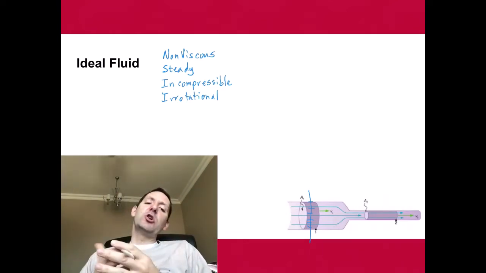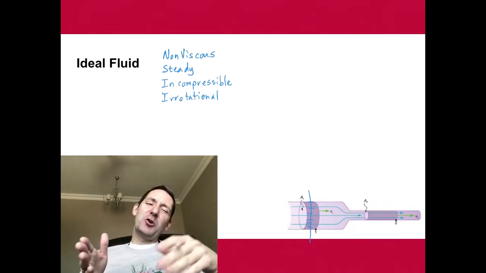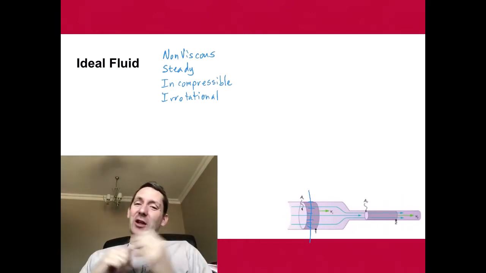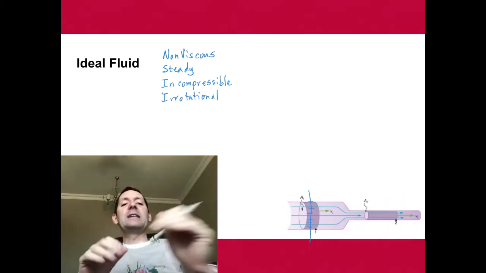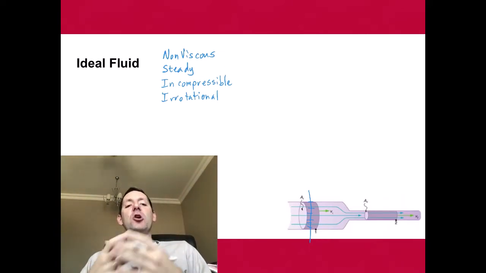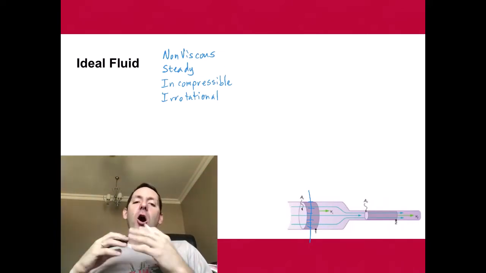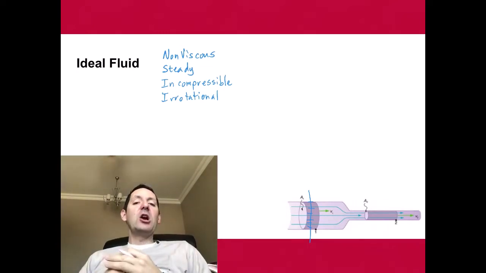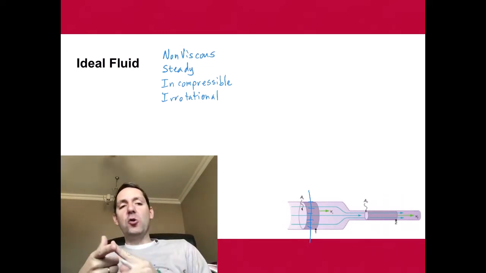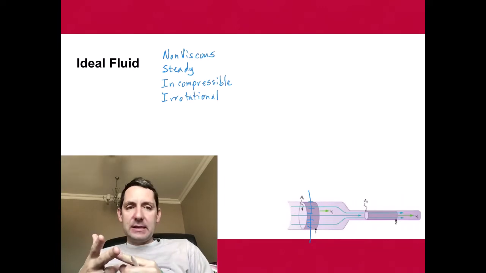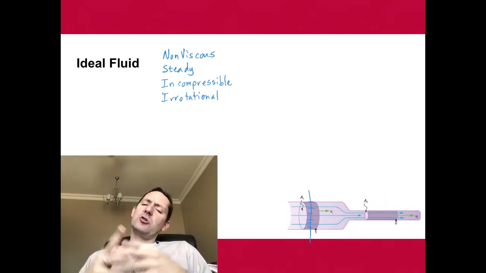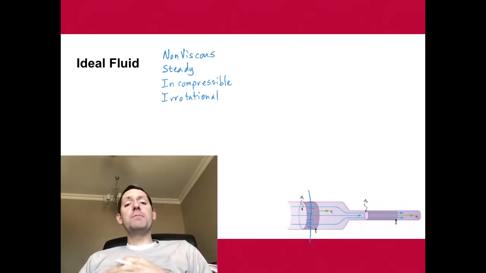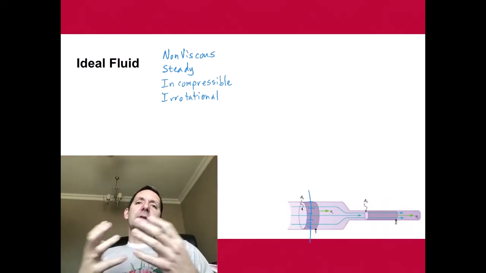So irrotational, meaning that none of the energy is going to rotational energy. Remember how much you loved that at the end of last year. So yes, we are simplifying, saying that there is no rotational energy here. All of the energy is going to remain constant because no inside friction, steady state, incompressible, irrotational. So this is going to simplify a lot of things for us, basically saying energy is conserved and that type of thing. All right, so hopefully that makes a little bit of sense.